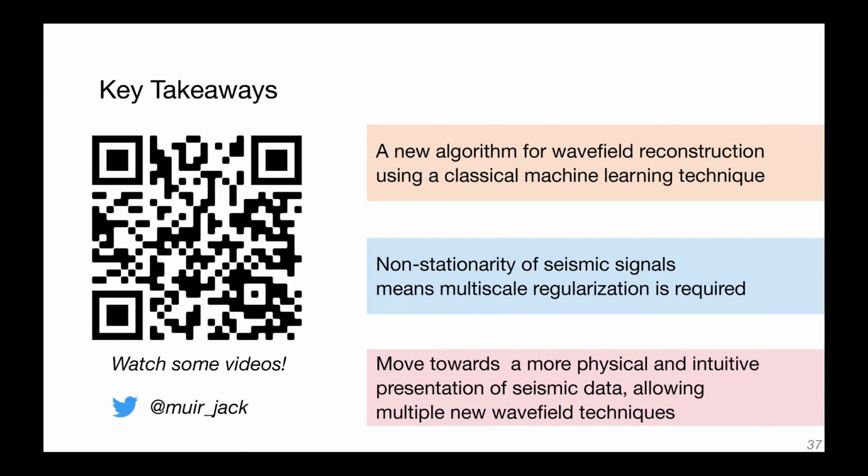But what we found was that we were severely and very badly aliased. Despite the fact that the ocean bottom cable is pretty densely sampled, we were not able to transform the data appropriately into the wave number space.